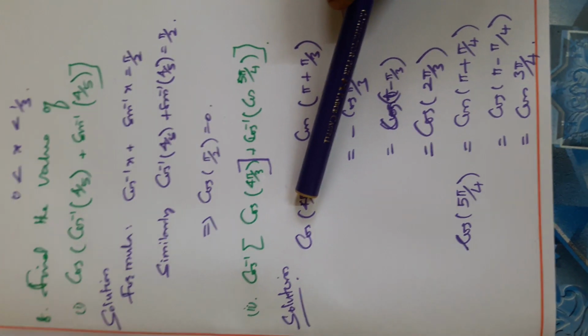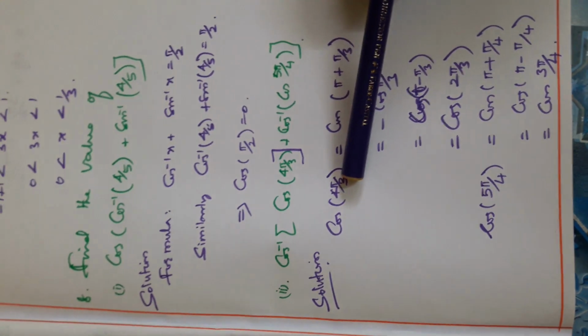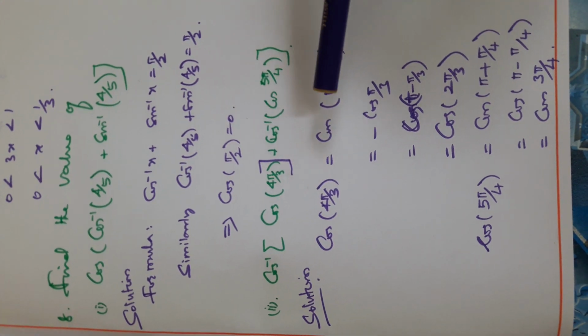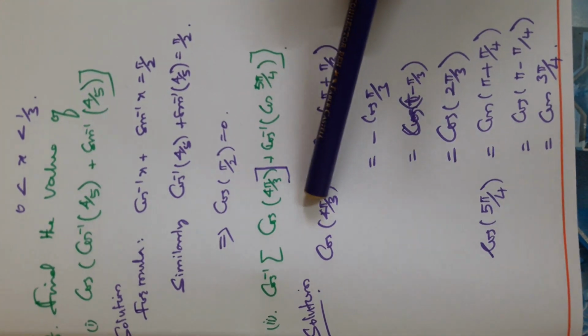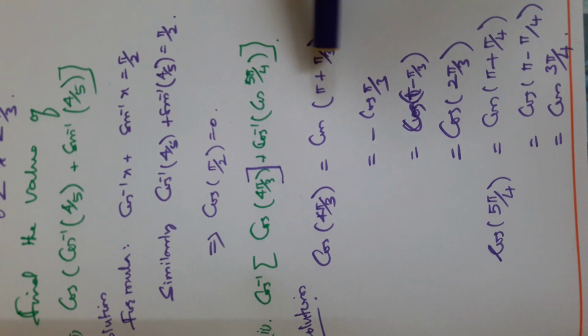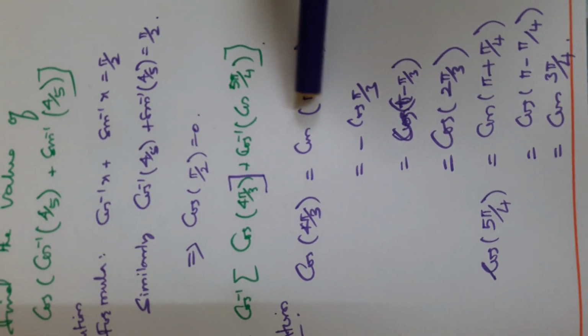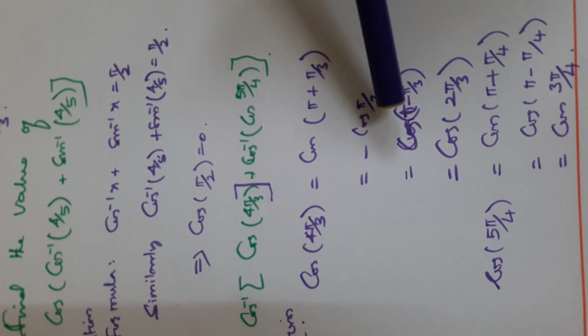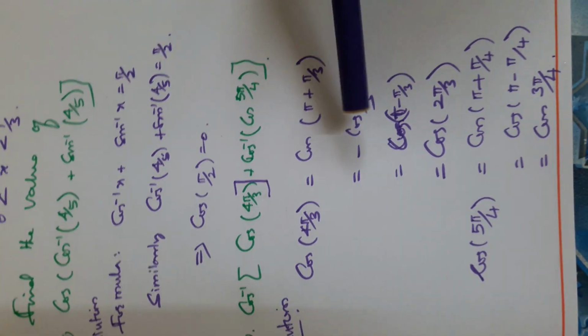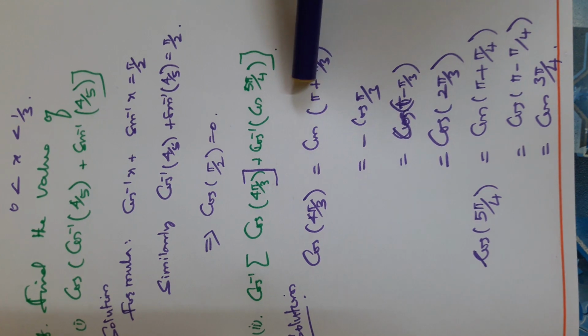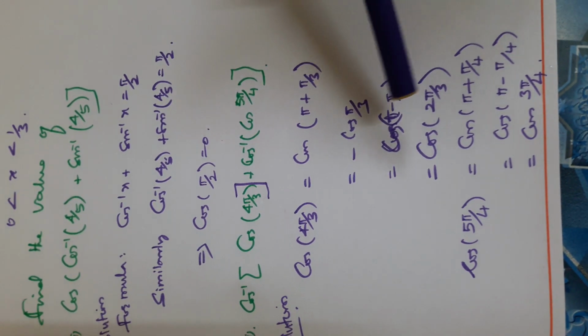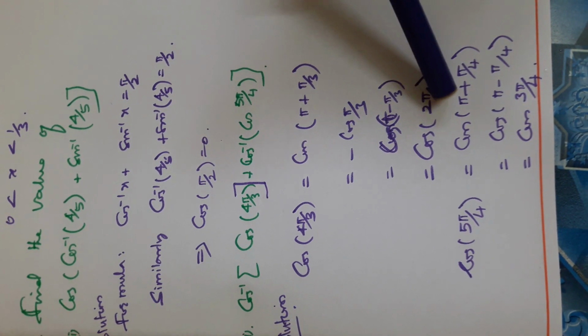I already explained to you, you have to take pi plus or pi minus. So cos of pi plus pi by 3 is nothing but minus cos pi by 3. So wherever cos pi plus pi by 3, you can rewrite as cos pi minus pi by 3. So pi minus pi by 3 has the value 2 pi by 3.